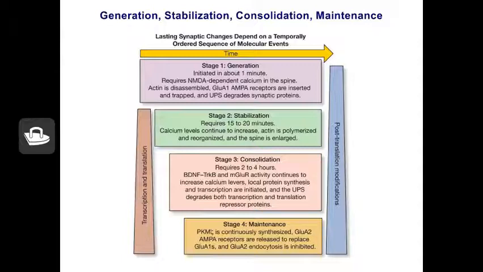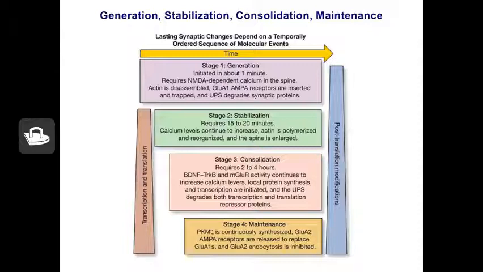The vertical brown bar on the left points out that transcription and translation start around the 2nd stage, although I would argue that even if genomic signaling to increase specific transcriptional activities may start in stage 2, it's not extensive enough during this stage to promote any functional consequences just yet.